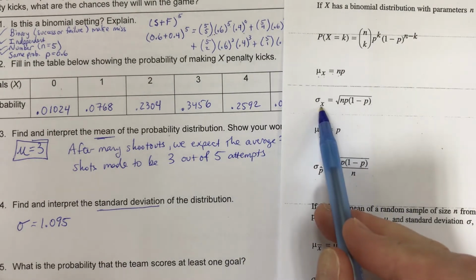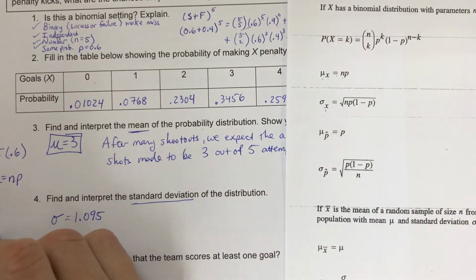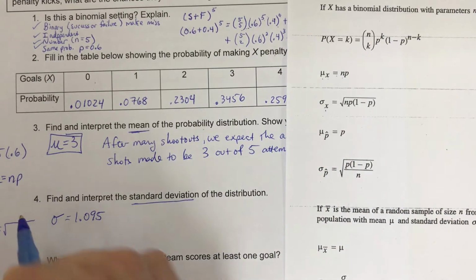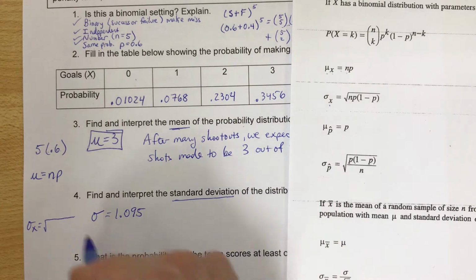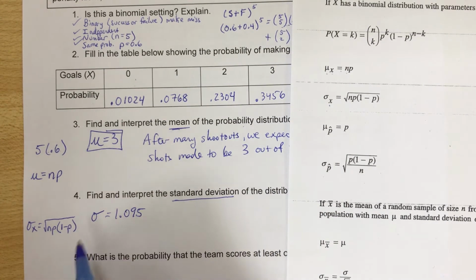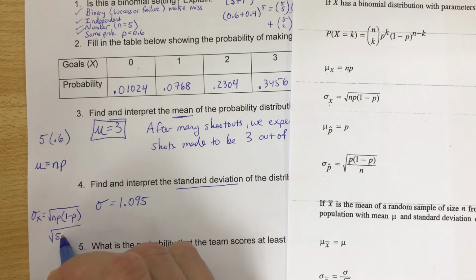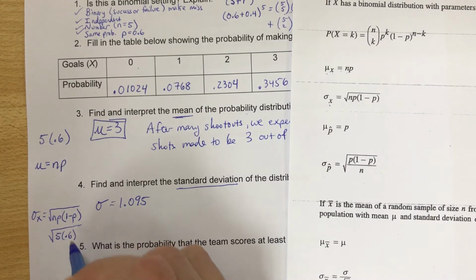The standard deviation of x is the square root of n times p times 1 minus p. Now that 1 minus p is the probability of failure. So the square root, 5 trials, the probability of success is 0.6.